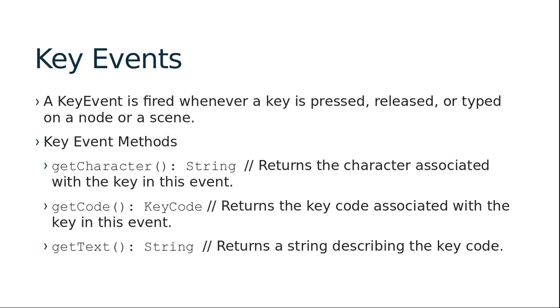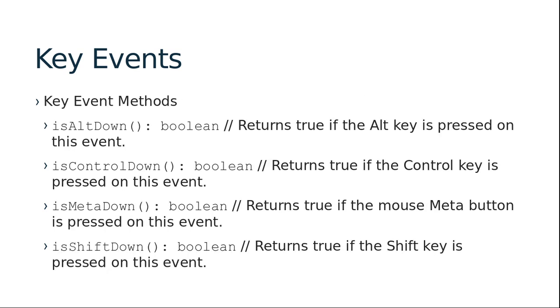Okay, let's go through the methods first. Then there are a few methods like the mouse methods, whether at the time of pressing a key the Alt key was down or not, Control key was down or not, Shift key was down or not, and so on. And this will simply return Boolean data, true or false.